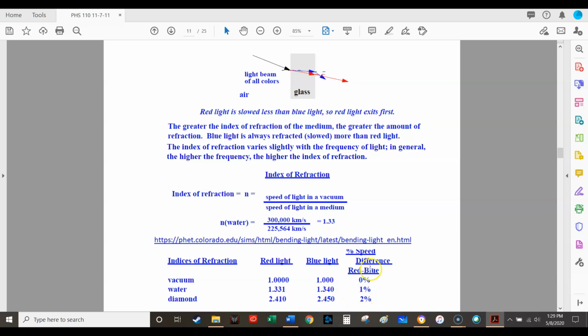The red to blue difference is as much as 2%. This is not a small thing, especially if you're taking data from a star that is on the other side of the galaxy, right? It's a huge distance it's got to travel, and so just a little deviation is going to matter a lot in taking data in our atmosphere, right?